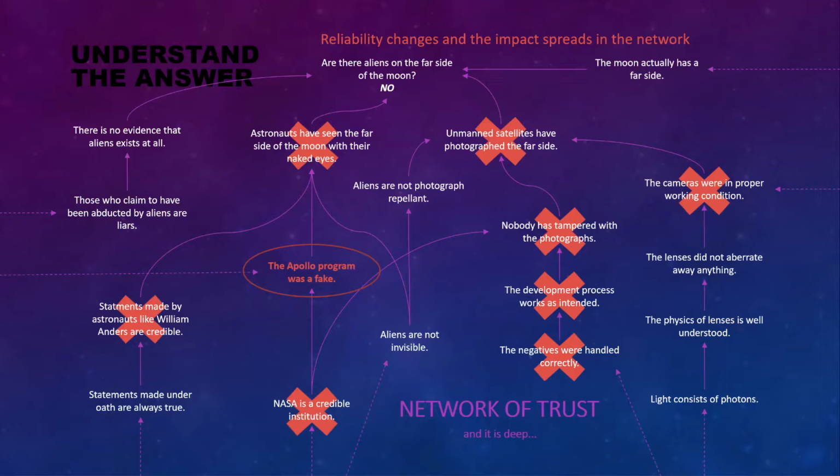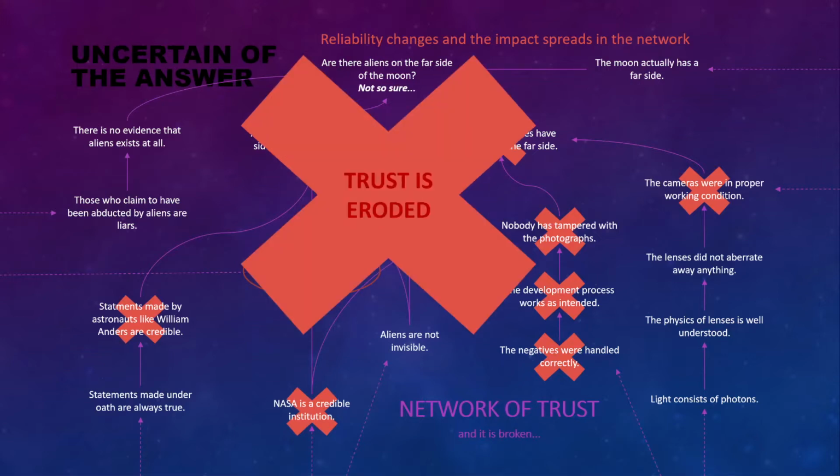So you can no longer trust that there's been any astronauts that saw the moon with their naked eye and so on. And when this happens and enough of these pieces of information are invalidated, your network of trust will be broken and the trust is eroded. And then you won't be so sure anymore about the answer.